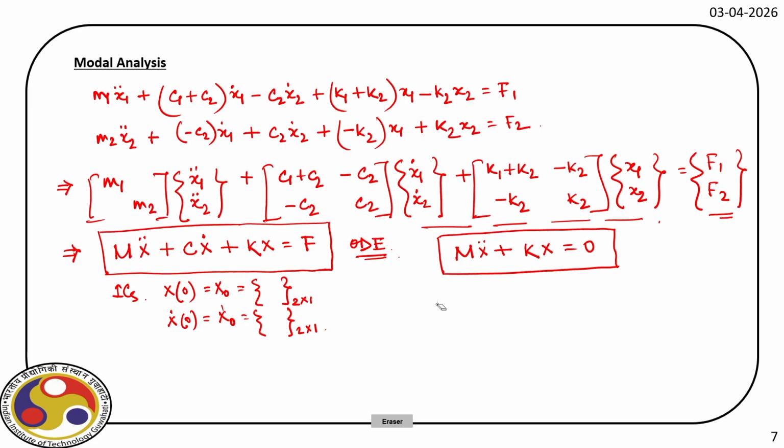So for that, x is equal to phi of z is the transformation, and if we apply this transformation, we can uncouple this, and this is what is called the mode shape, right?